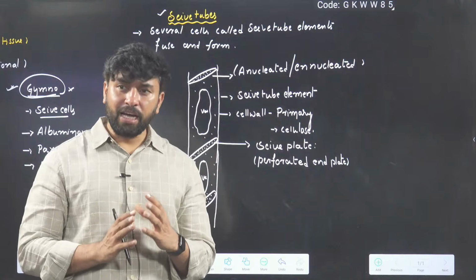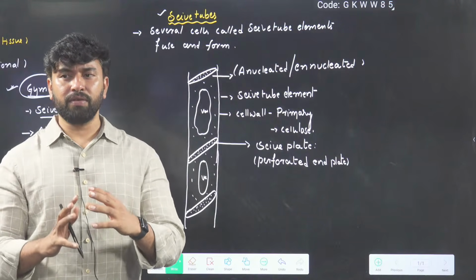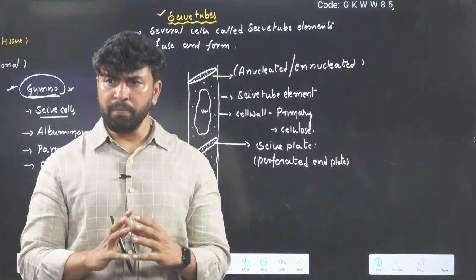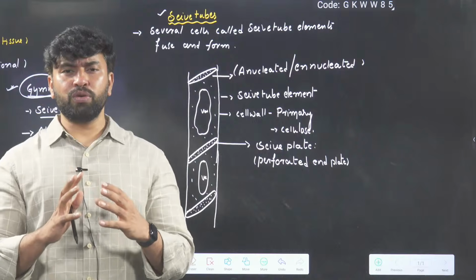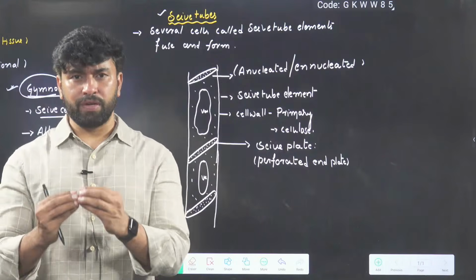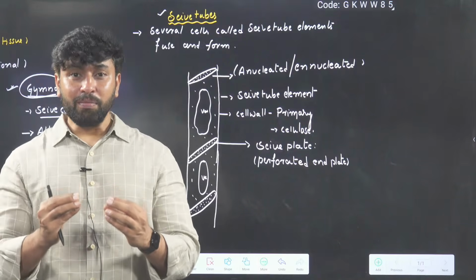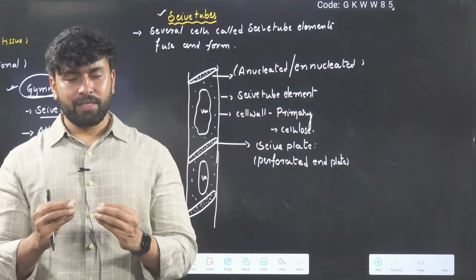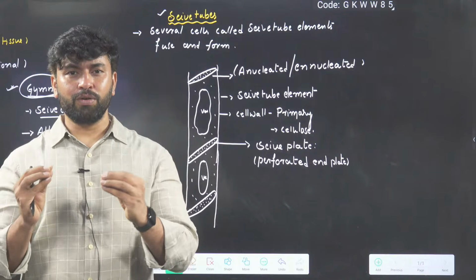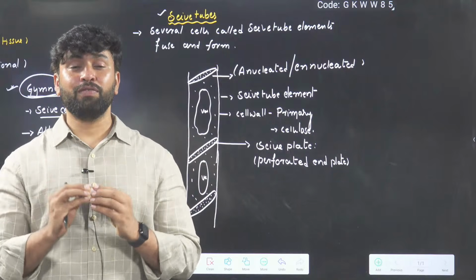Now, lack of nucleus will create a lot of complications in the survival of sieve tubes. Simple: if a cell has no nucleus but is living, the cytoplasm could not live forever. That's why we have seen one concept, RBC. It lives 120 days. After 120 days, it will go to the spleen and celebrate death. This is the life of RBC.